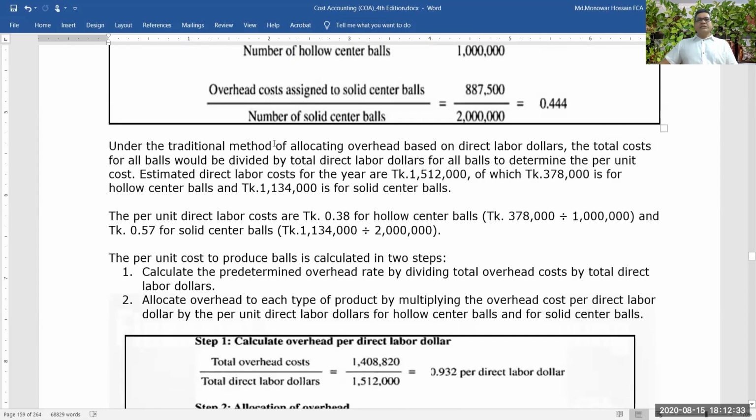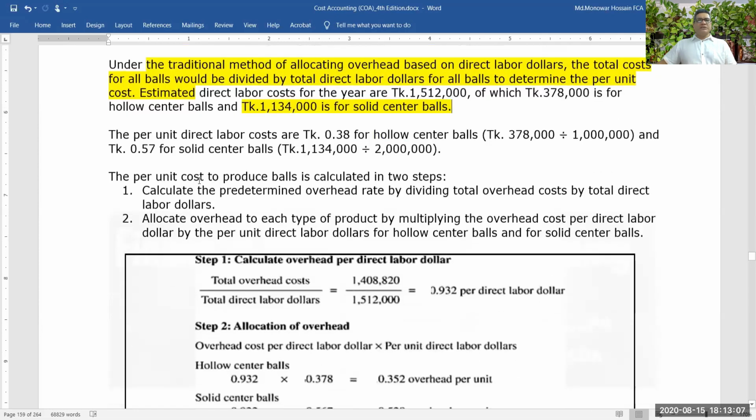Now under the traditional method of allocating overhead based on the direct labor dollar, the total cost for all balls would be derived by the total direct labor dollar for all balls to determine per unit cost. Estimated direct labor cost for the year 15,12,000, which takes 3,78,000 for the hollow center and 11,34,000 for the solid center.